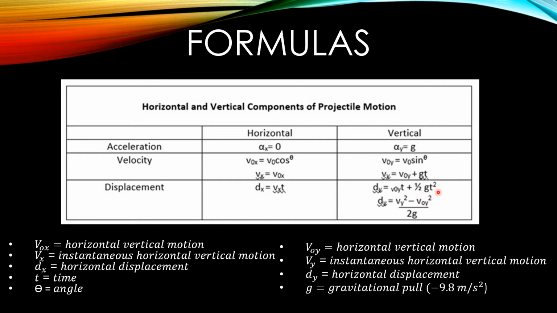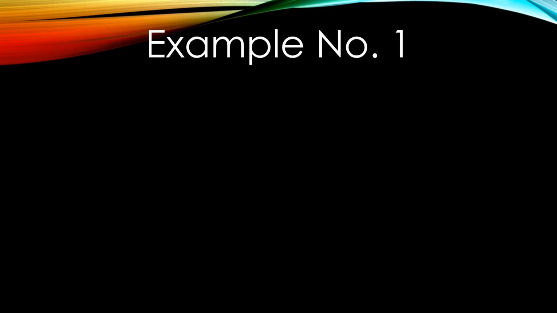As an alternative formula, we have vertical displacement is equal to the instantaneous vertical velocity squared minus the initial vertical velocity squared divided by 2 times the gravitational pull.